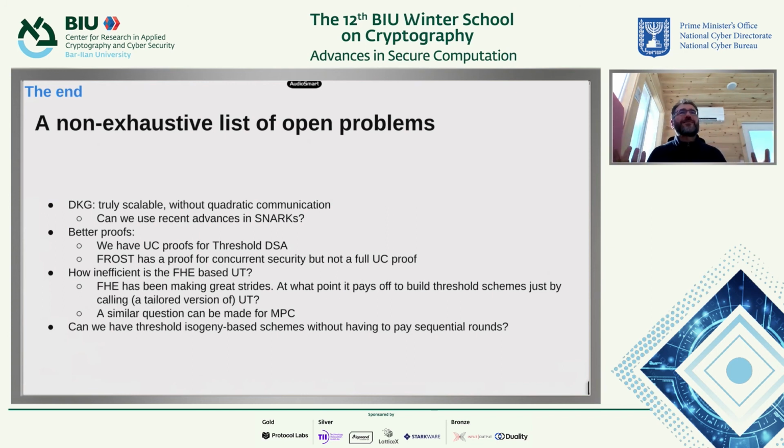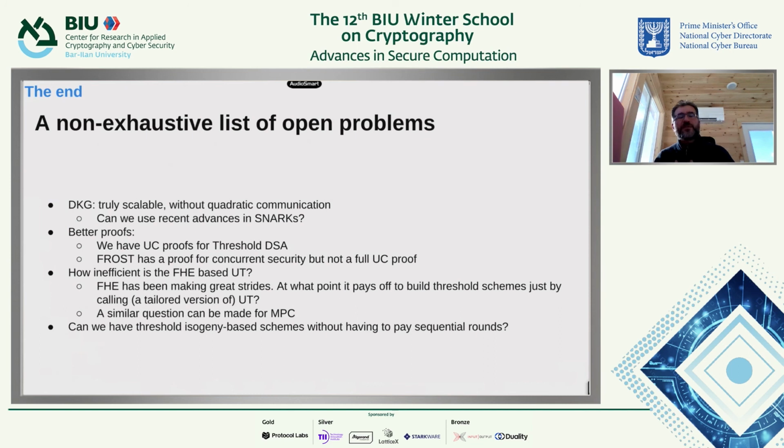allow me one slide, again, with my target audience in mind of graduate students who are getting into research. Here is a very non-exhaustive list of open problems. The first one is a truly scalable DKG that requires less than quadratic communication.